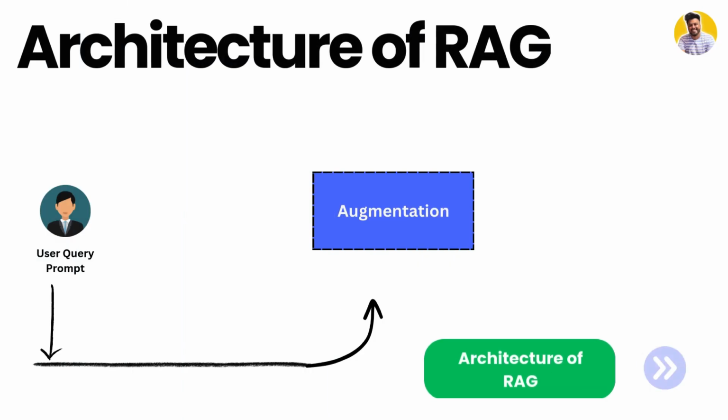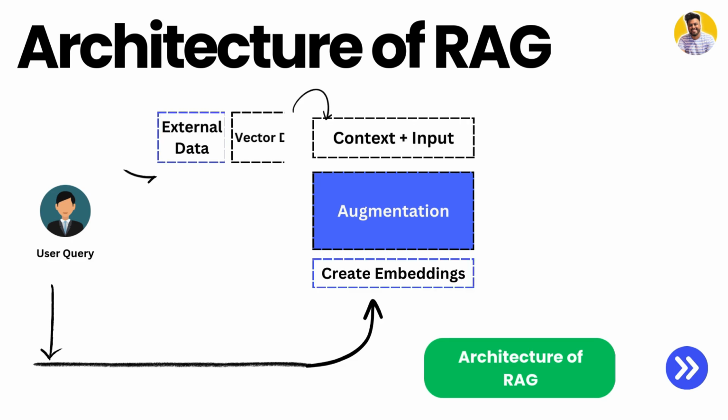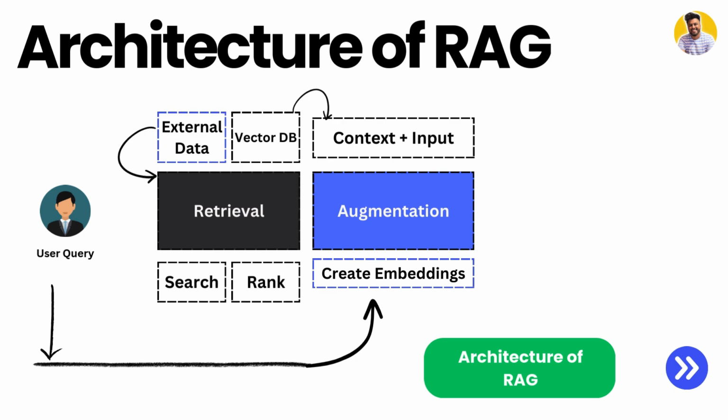So when a user gives a prompt or a query, it goes into the data augmentation layer. That means it is first converted into vector embeddings, then the retrieval engine contains the external data, which is stored in the vector DB as well. With the help of that, it searches the input prompt embeddings in the vector DB and finds similar context or information present in the vector DB, which is called the context.